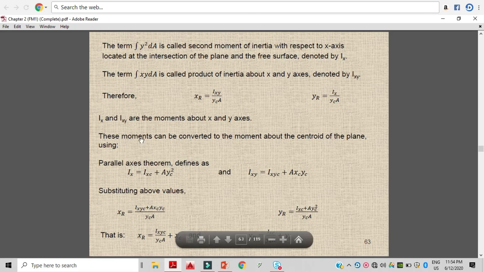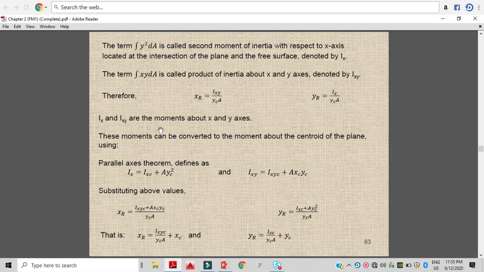These two equations indicate that we can physically see that when the distributed pressure is non-uniform, the net resultant force will always act below the centroid.